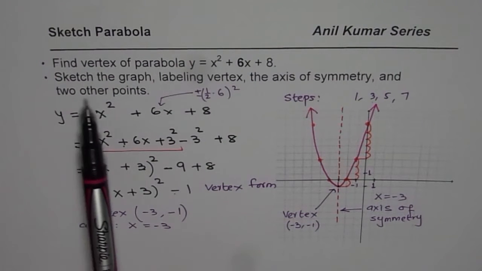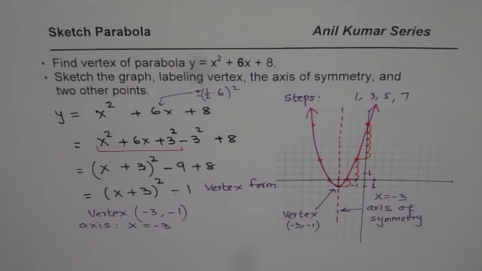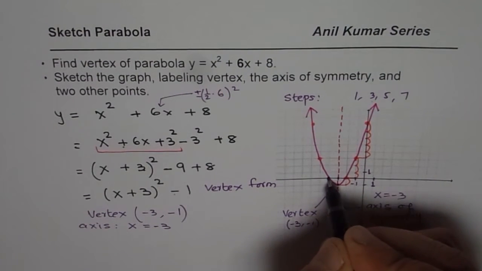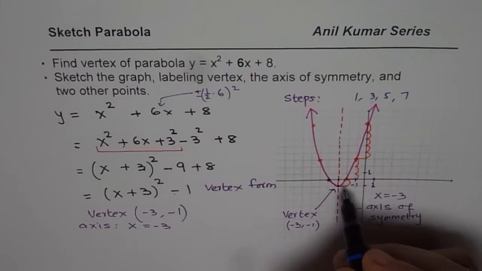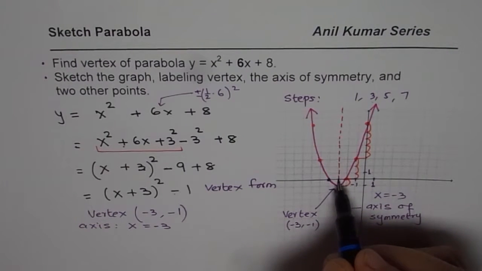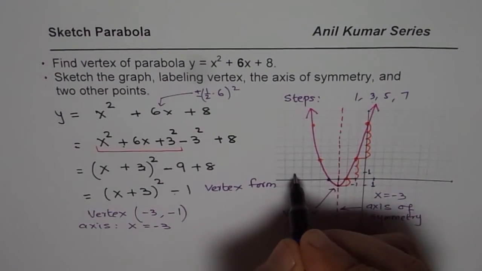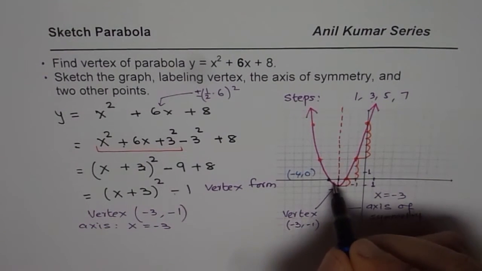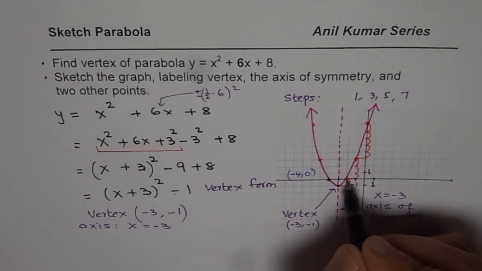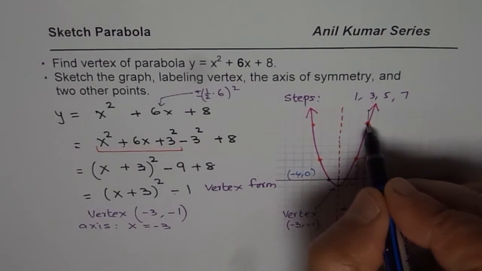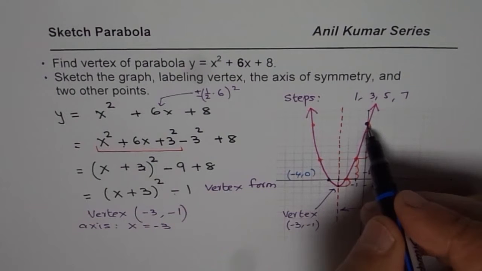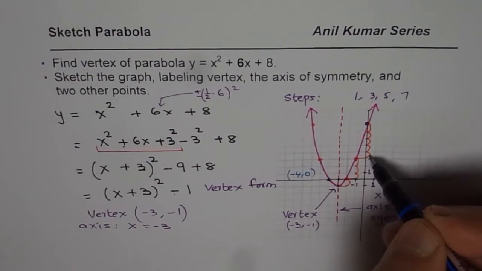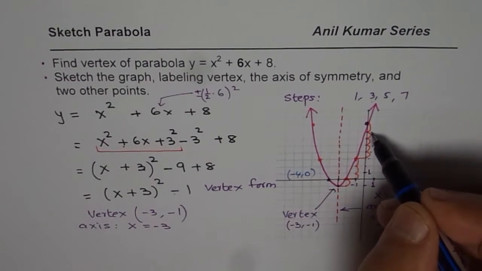Now it says 2 other points, right? From this we can find 2 other points. The first point is our x-intercept, for example. Since this is minus 3, this point is minus 4. So this point is minus 4, 0. The x-intercept. Of course it has a mirror image, minus 2, 0. But let me give you the next point as this one, which becomes the y-intercept for us, at 1, 2, 3, 4, 5, 6, 7, 8.